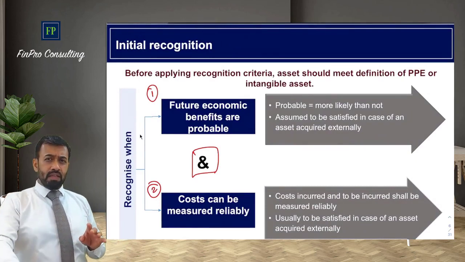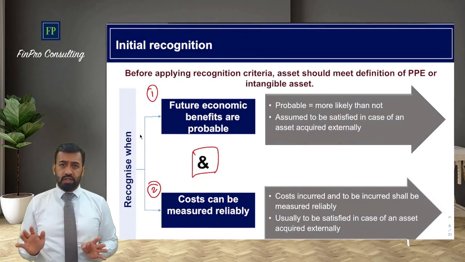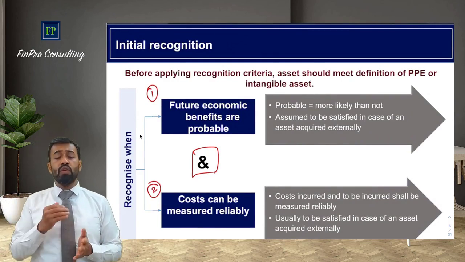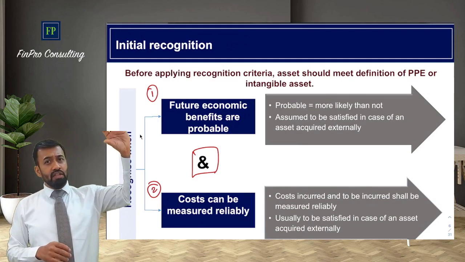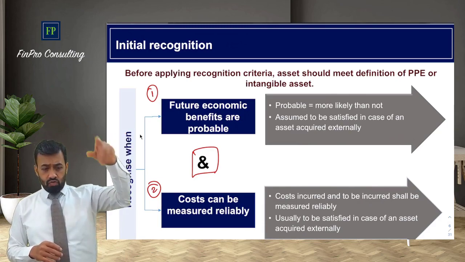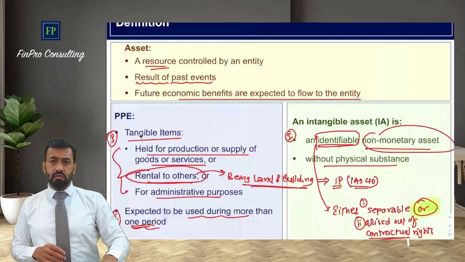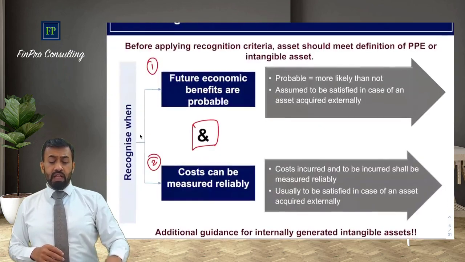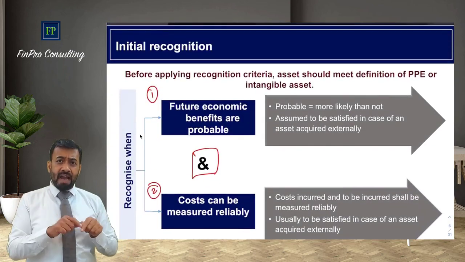So you have to remember these criteria for the scenario based question. A scenario based question will be asked whether this is an intangible asset or tangible asset or investment property. So you will analyze with the help of this definition. Subsequent to that, whether it can be recognized with the given facts and circumstances.